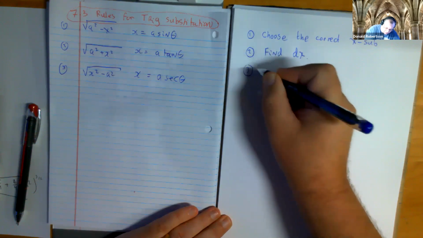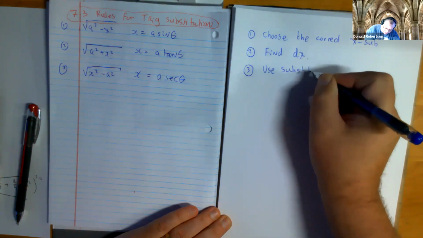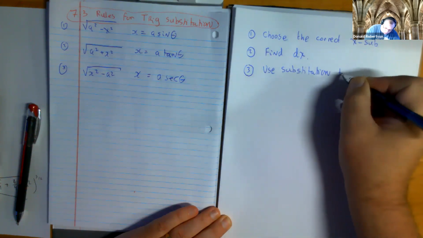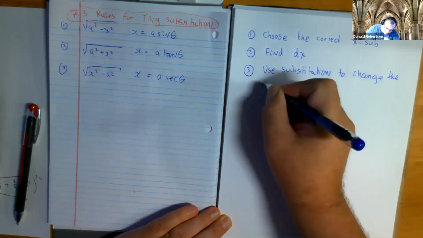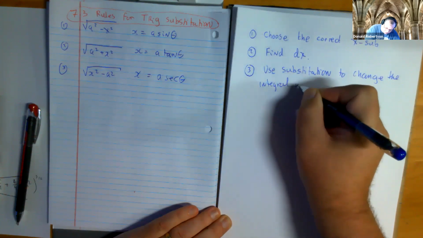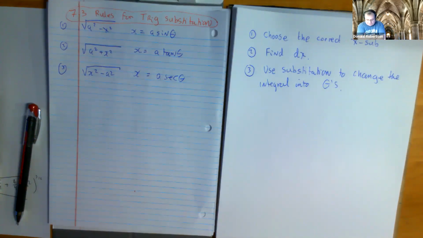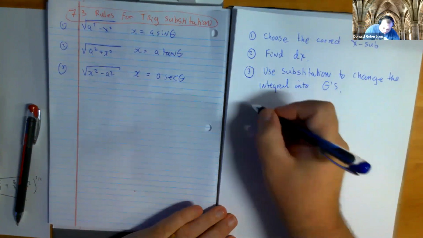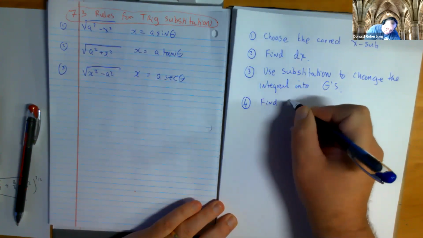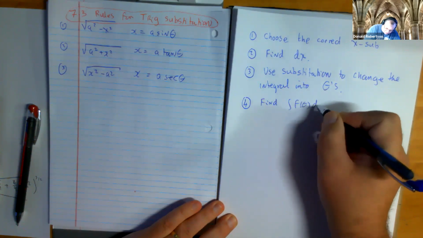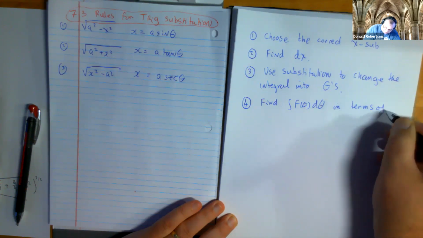Step 3, use substitution to change the integral into thetas. It's kind of cryptic, but when you see a question, you'll see what that one is. Step 4, find your integral in terms of theta.